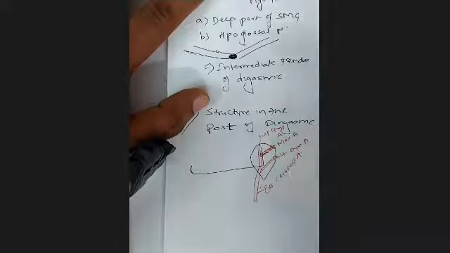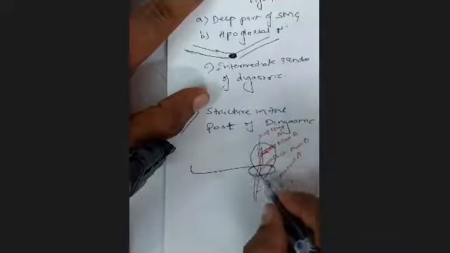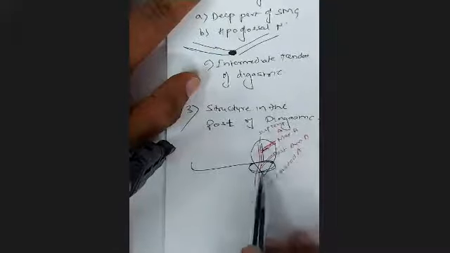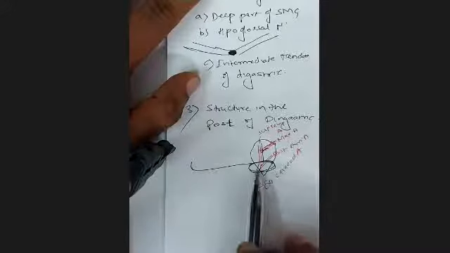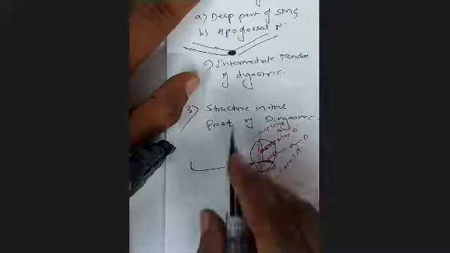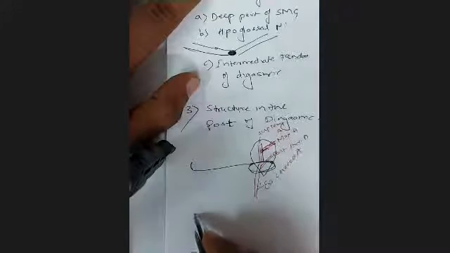But now let us concentrate on the digastric triangle. These two structures, the apex of the parotid, the lower part of the parotid gland, and the external carotid artery entering it, will be the structures lying in the posterior part of the digastric triangle. So the structures in the posterior part are divided into three.